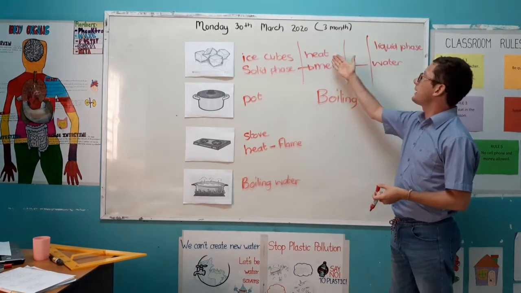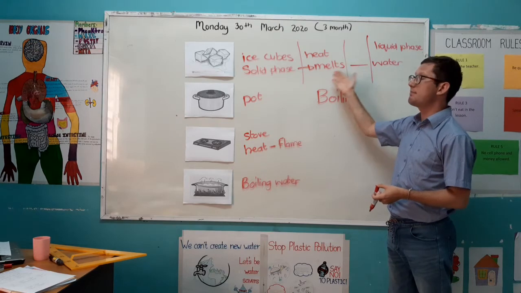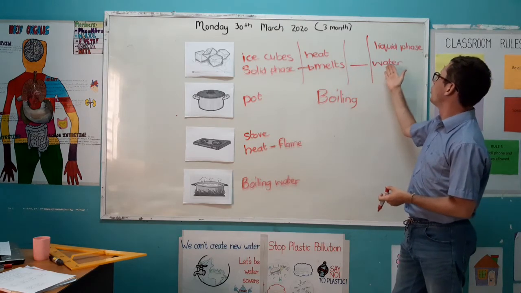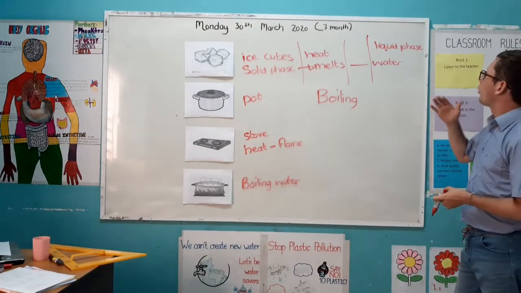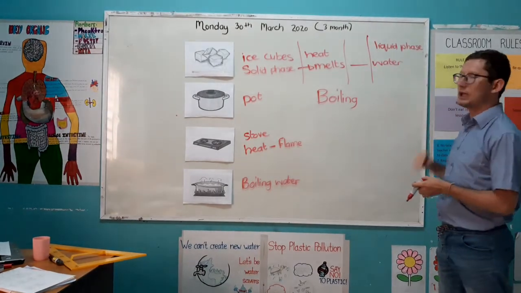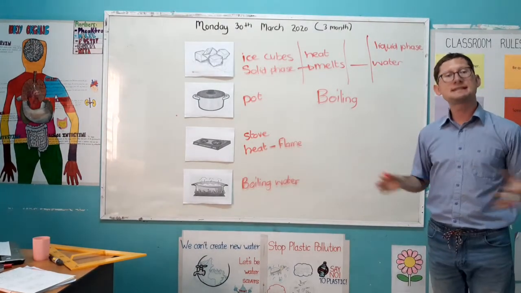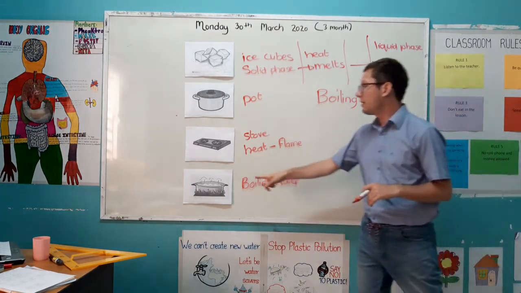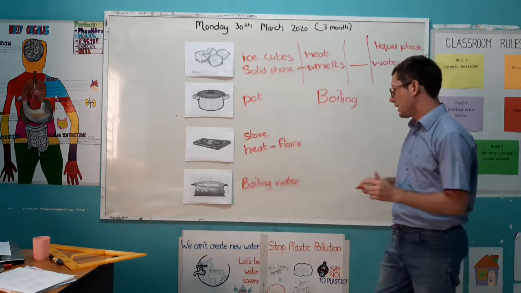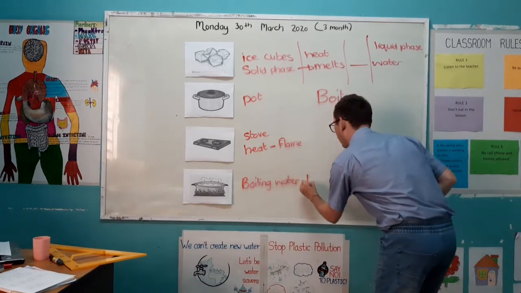When you add heat to it, it melts and then it turns into water, which is a liquid phase. But what happens when the water heats up? Yes, it boils. So it boils.